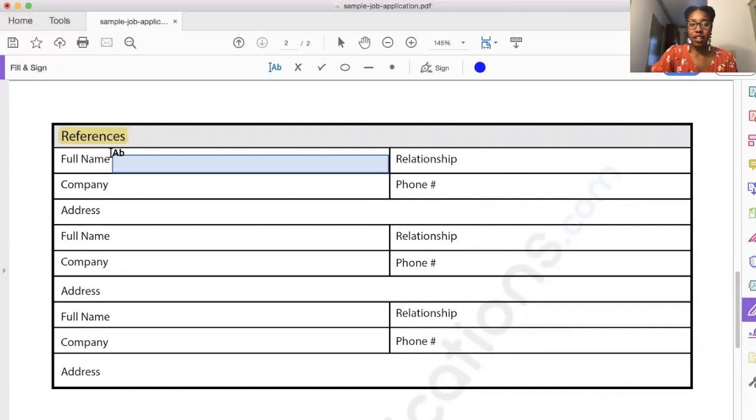A reference could be an old supervisor, a coworker, a manager, or a mentor. So a reference is anyone that can explain your responsibilities or things that you did well at an old job.